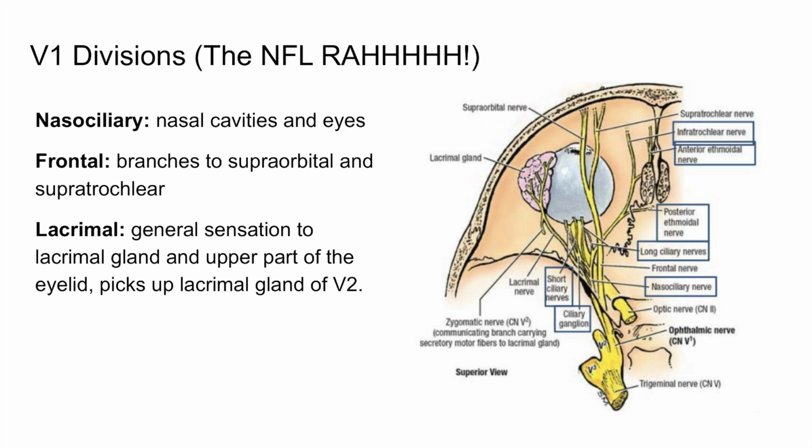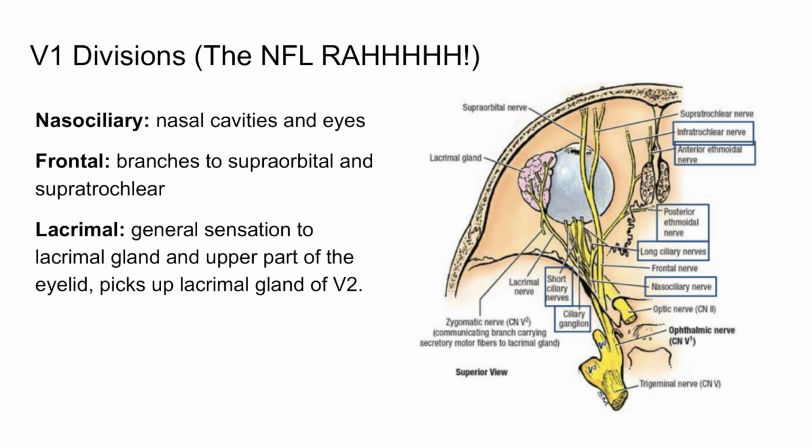The lacrimal nerve is also fairly superficial, but has a unique role because of its connection to tear production. On its own, it provides general sensory innervation to the lacrimal gland and upper eyelid. However, the key detail is that it picks up parasympathetic fibers that originate from the facial nerve via V2 and the zygomatic branch, and then delivers them to the lacrimal gland.